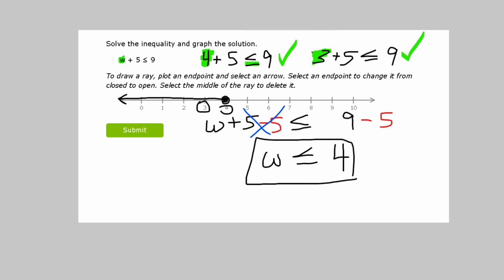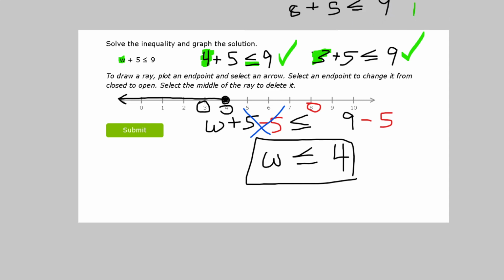But if we tried, let's say, 8, some number over here that's not covered by our graph, you're going to see that it won't work. What if we did 8 plus 5 versus 9?